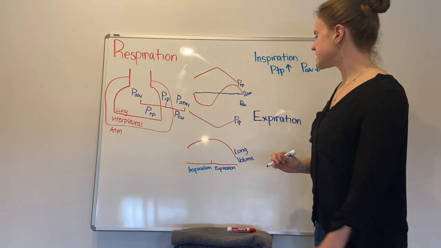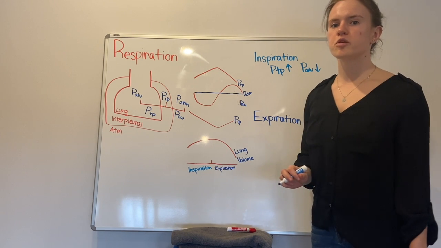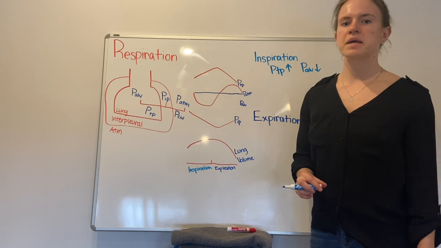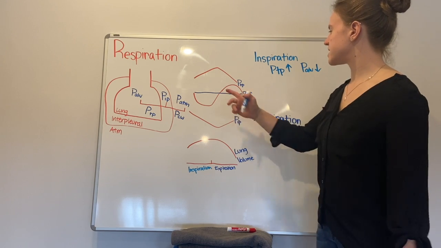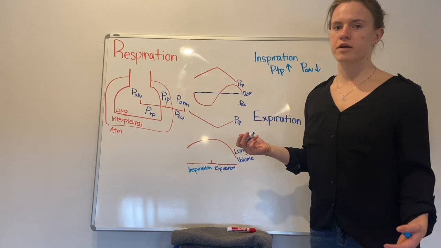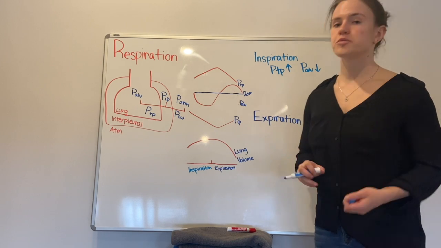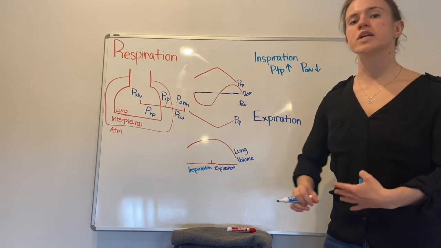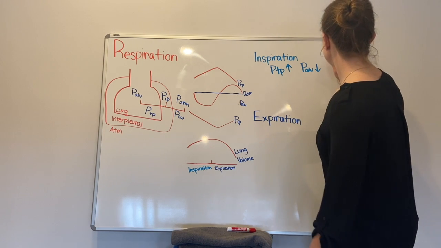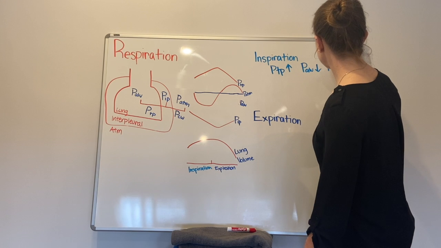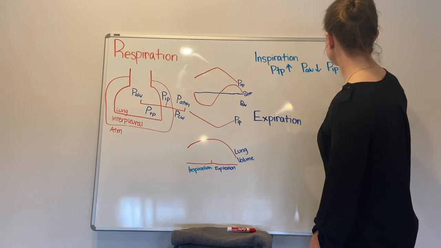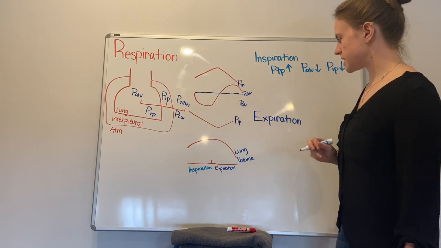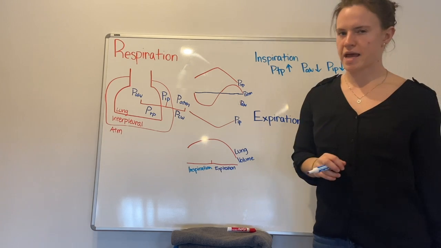And we're also going to see a decrease in our interpleural pressure, but we call this becoming more negative because relative to the atmospheric pressure, our interpleural pressure is always negative, but as we inspire, this pressure becomes more negative than it was before. Interpleural pressure decreases.